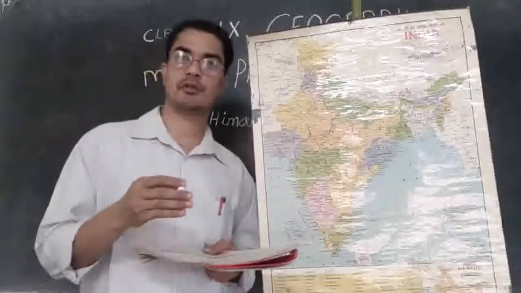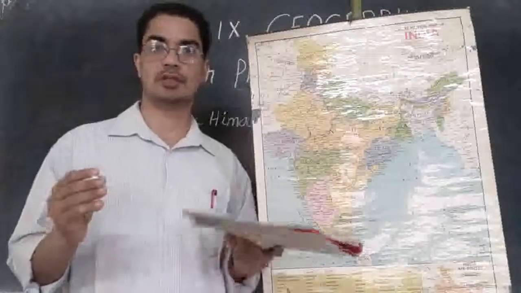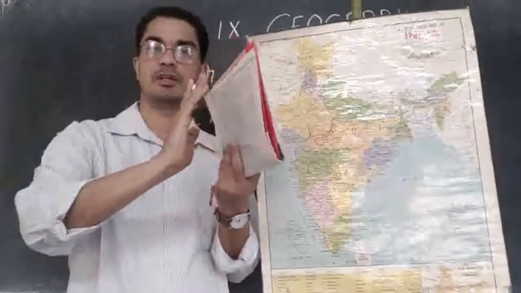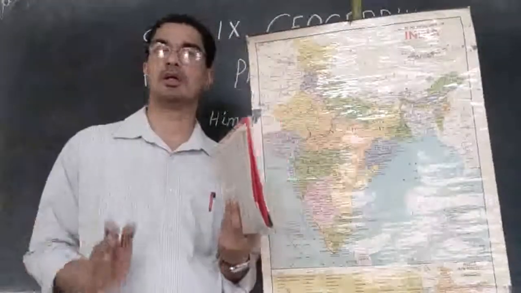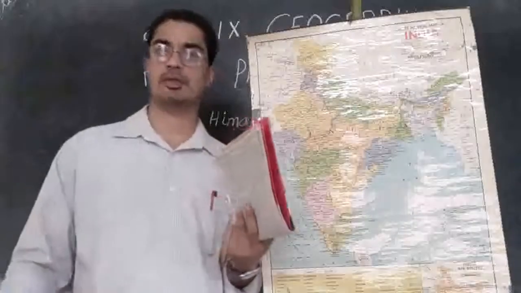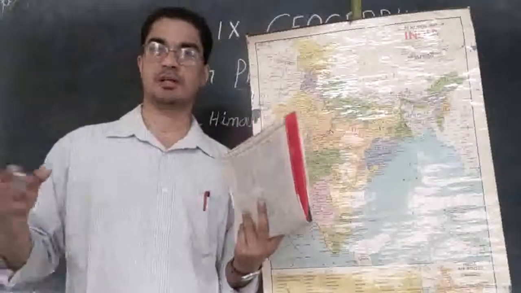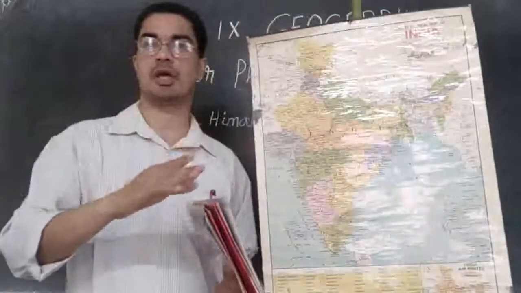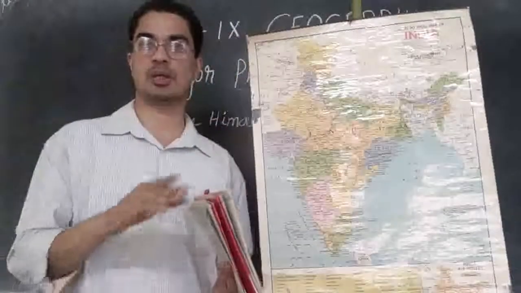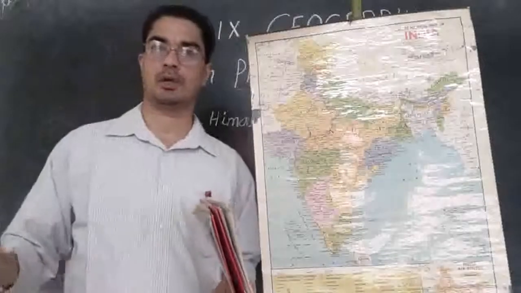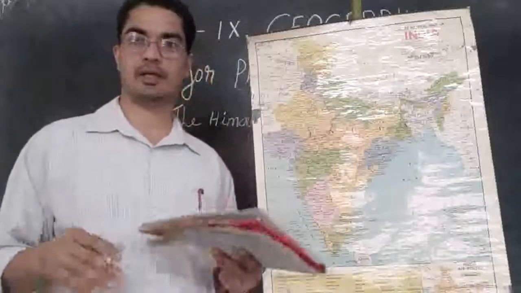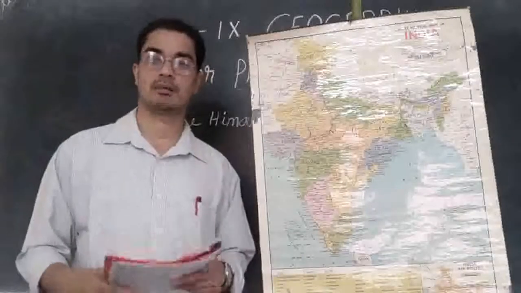When this soil went up, both sides were empty, or deep depressions were caused, and slowly the mountain rivers came down carrying water and soil and filled up this deep valley, and that became a plain area. That we will study in the coming class.